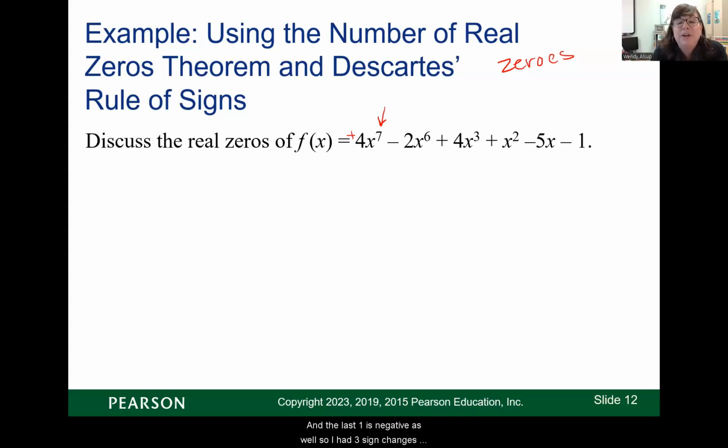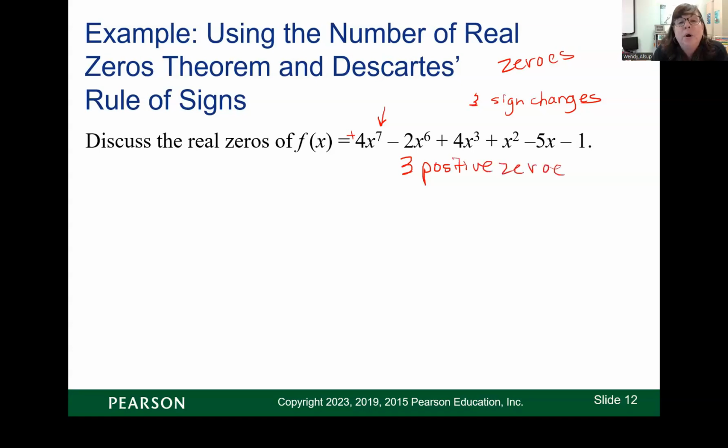And the last one is negative as well. So I had 3 sign changes. So this means I could have 3 positive zeros or count down by 2. 3 positive zeros or just 1 positive zero.